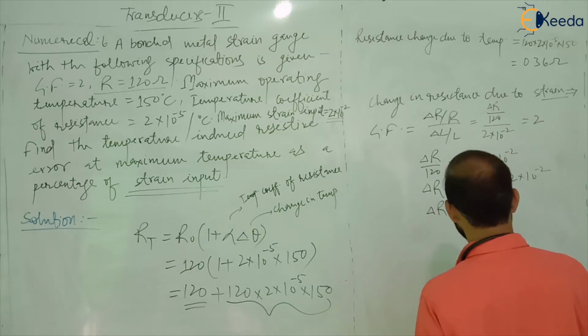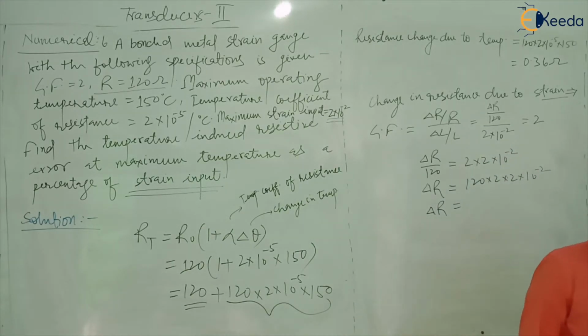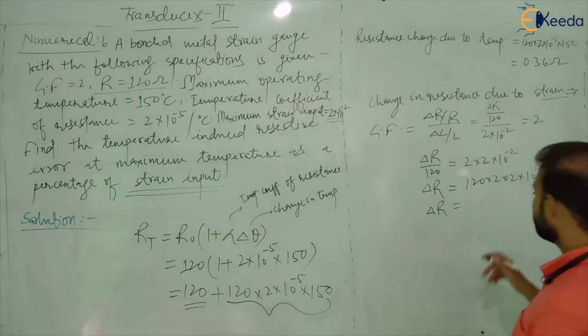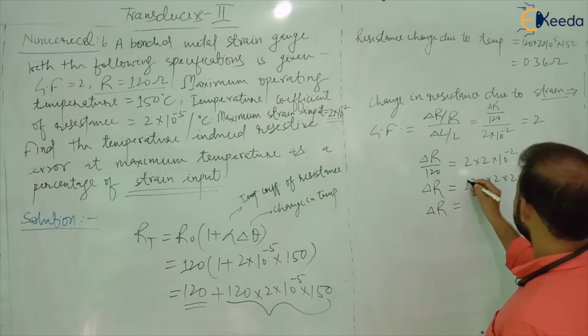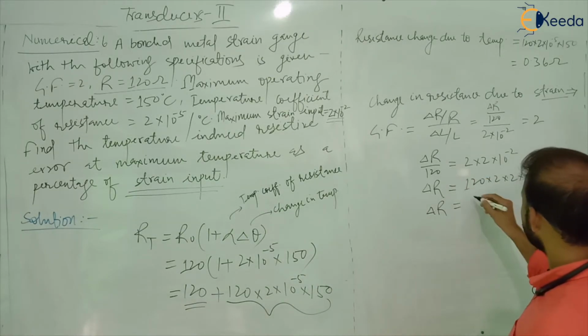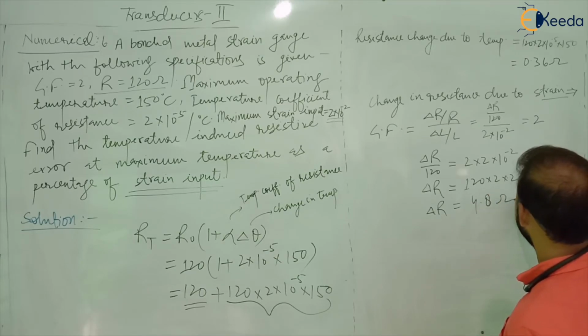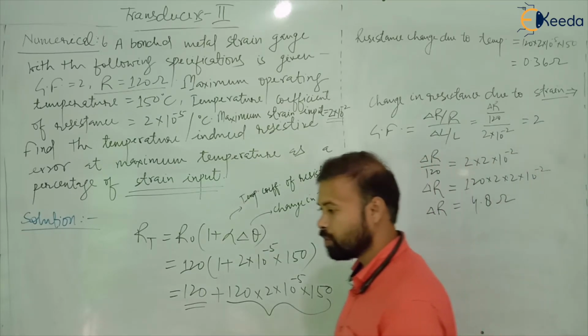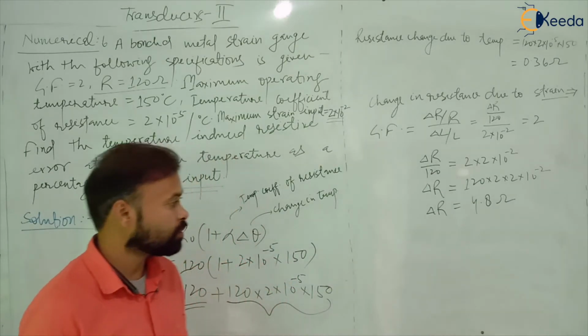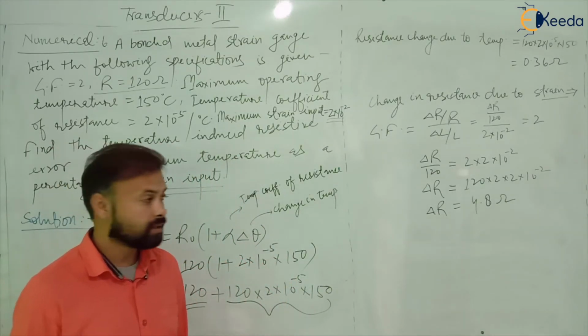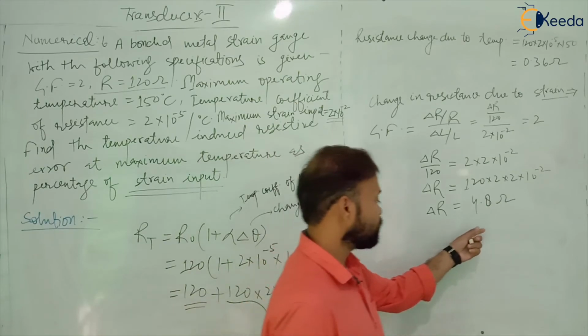Then your change in resistance due to strain, after calculating this quantity, you will be getting 4.8 ohm. This is change in resistance due to strain.